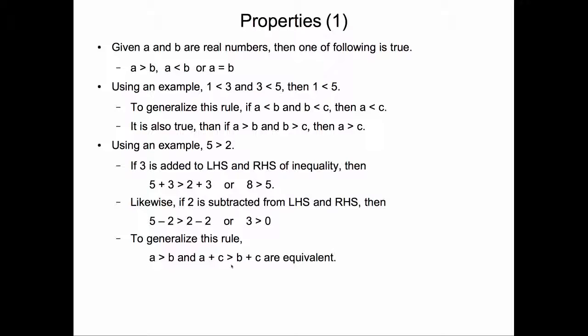It maintains the balance of the inequality where the left hand side is greater than the right hand side. And from the second example, if we do the subtraction, these two statements are still equivalent, meaning we are preserving the sign.